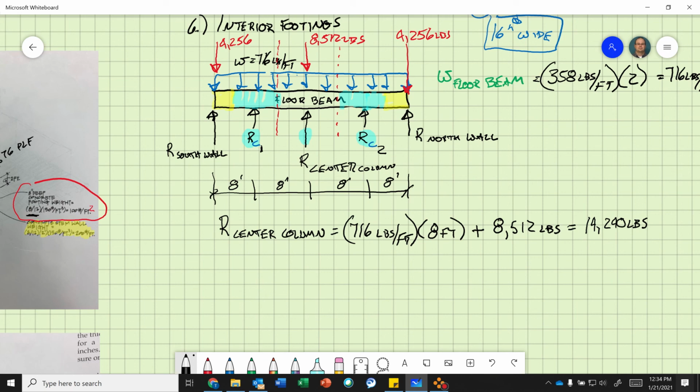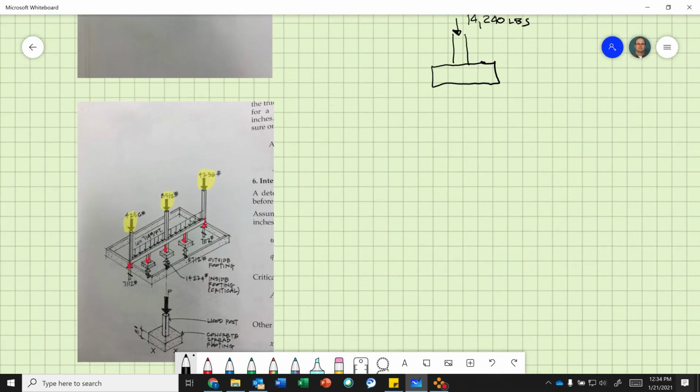Okay, so now that center column footing has 14,240 pounds on it. So that is this guy right there. So now we got a size.